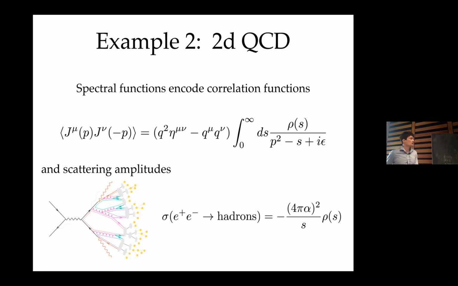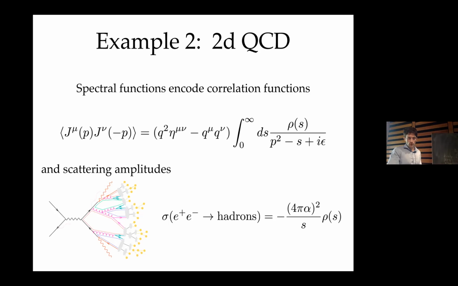A classic example of this is e plus e minus to hadrons. We're probing QCD through the photon, and here the cross section is the spectral density for the current.